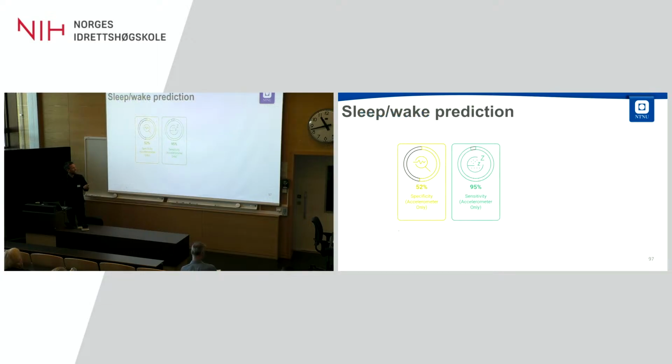This model had excellent sensitivity, about 95%, but the specificity was moderate, because when you're lying completely still and awake, it's very difficult for the model to say whether you're asleep or awake.